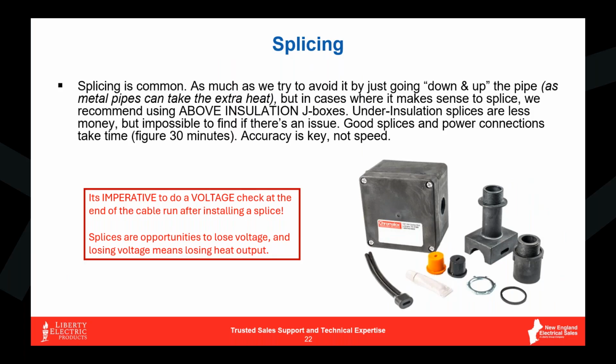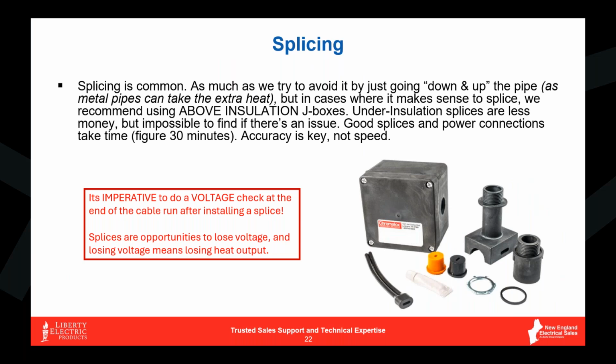And when we're talking about doing it on pipes, there's a big difference between using above insulation splice kits and below insulation. Back in the 80s and 90s, it was pretty popular to use under insulation because it was much less expensive, very cost effective, until you had a problem and then you had to find that splice.